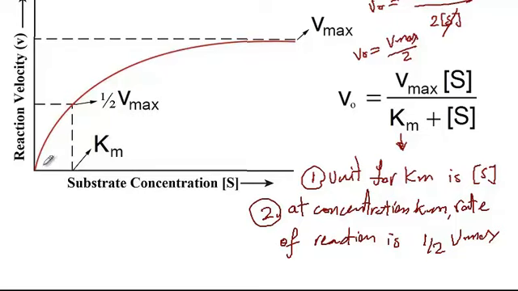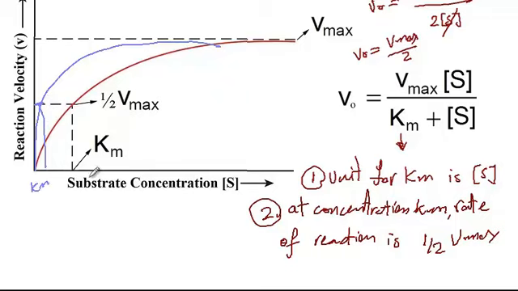And then the last concept that I would like to discuss with you is the enzyme affinity for the substrate. If the enzyme affinity for the substrate is high, these enzymes will bind substrate very fast and the Vmax will be reached at a faster speed. So here you can notice that the Km has decreased for this enzyme.